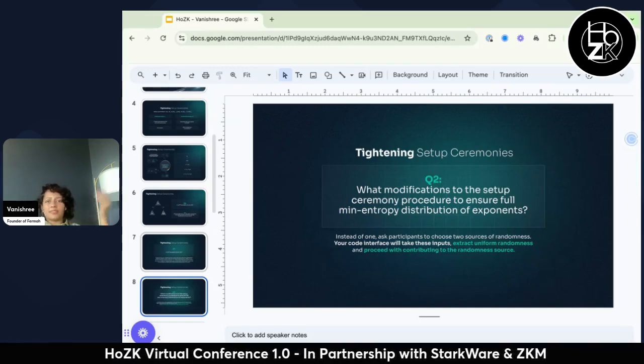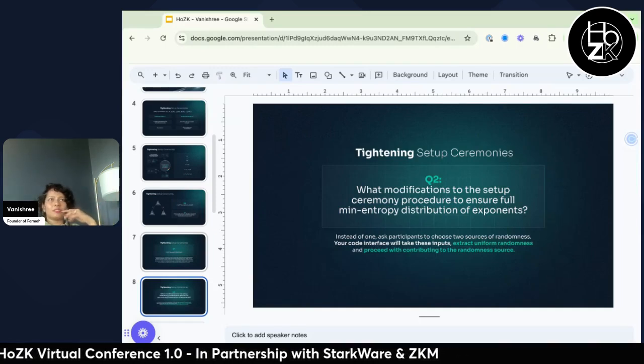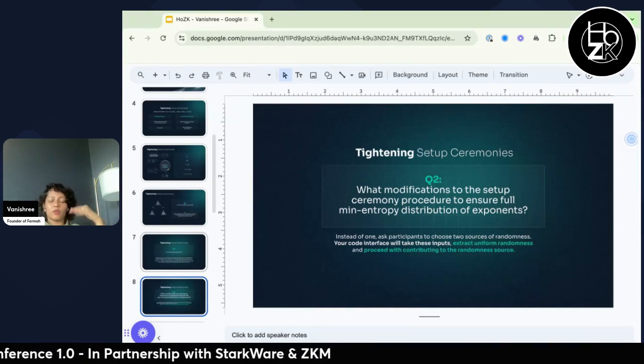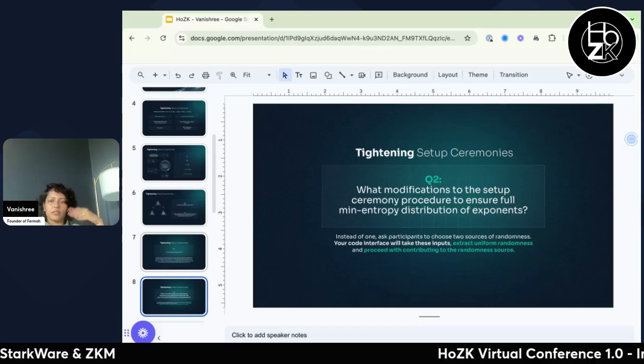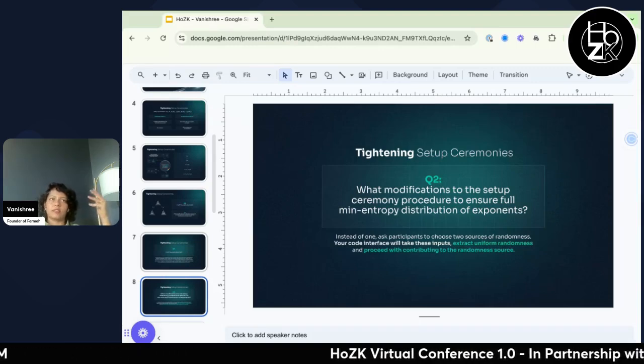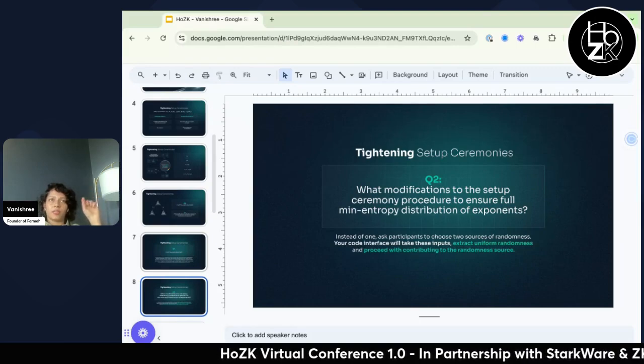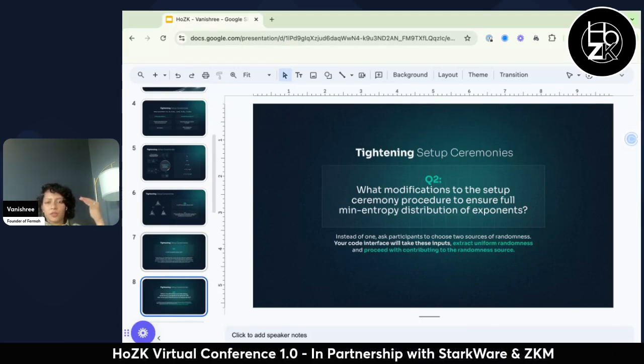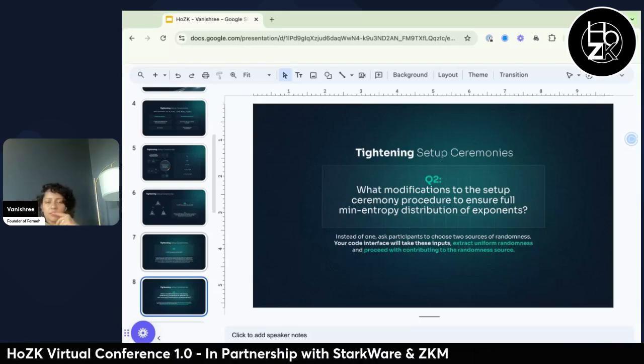Where we want is soundness ultimately, which means we need the assumptions to be true. It means we need enough min entropy in tau. So this is where we want to get. What modifications can we make?